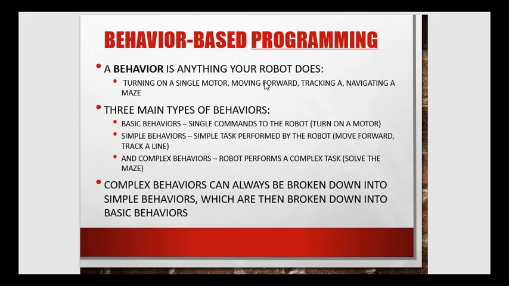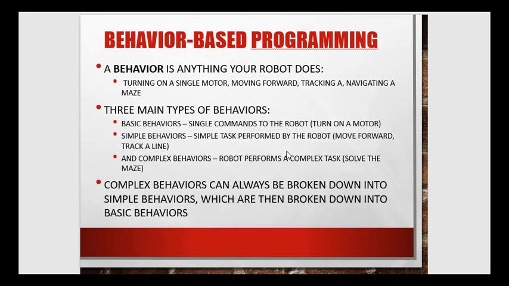So behavior is anything the robot does: turning on a motor, moving forward, tracking something, navigating through a maze. And then there are 3 main types of behaviors. The basic behaviors, that's simply turning something on, telling it what it is that is on the robot that is being identified as the component that we're working with.